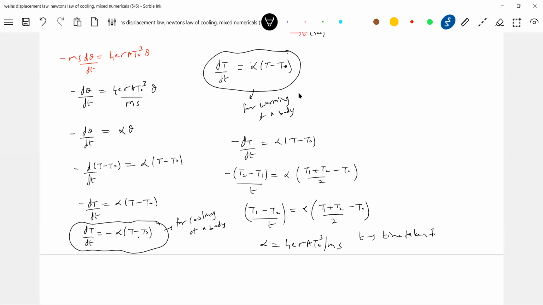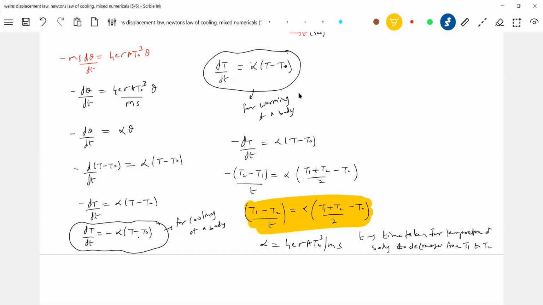Time taken for the temperature of the body to decrease from T1 to T2. I think it is very important to remember this formula. Maximum numericals are related to this. If a body cools, use this formula; if a body warms up, use this particular formula.